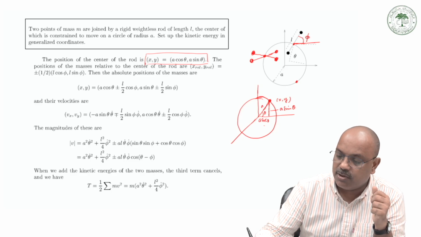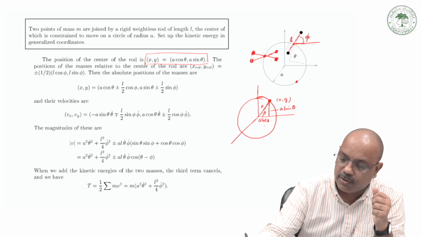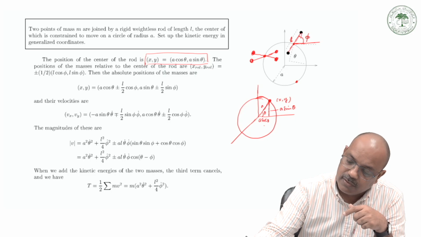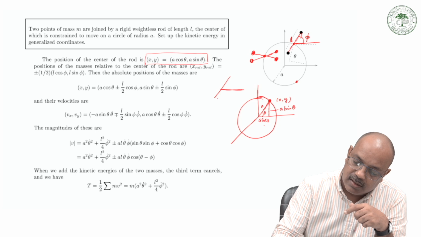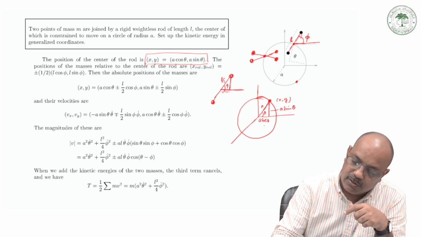This length is L, so this is going to be L by 2, because it's the center. If this is phi and this is L by 2, now you can define this as L by 2 cos phi and L by 2 sin phi.